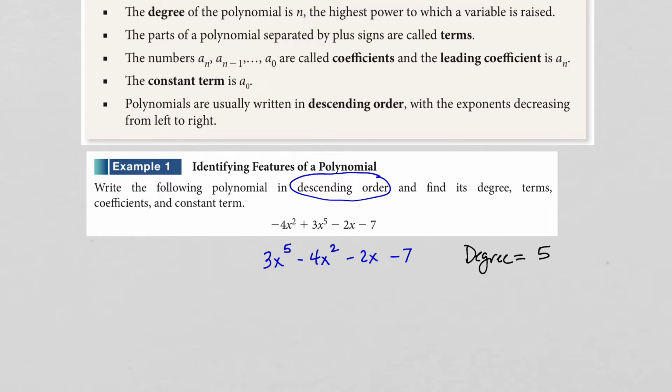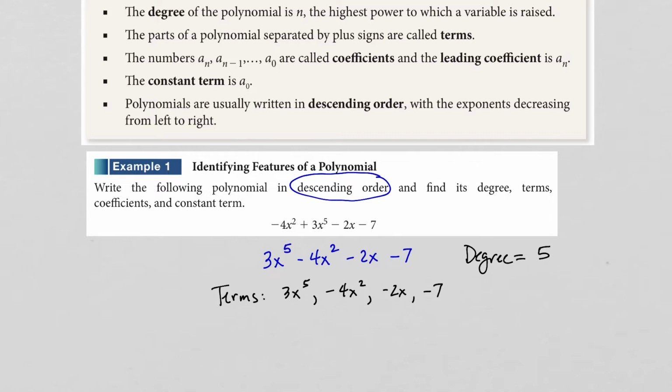Its terms are simply the things that are separated by the plus and minus signs. But the thing to remember is that you have to include the sign when you talk about the terms. So the terms of this polynomial are 3x to the fifth, comma, negative 4x squared, comma, negative 2x, comma, negative 7.